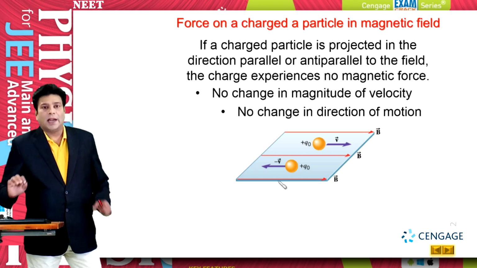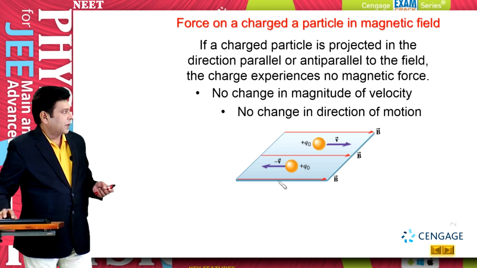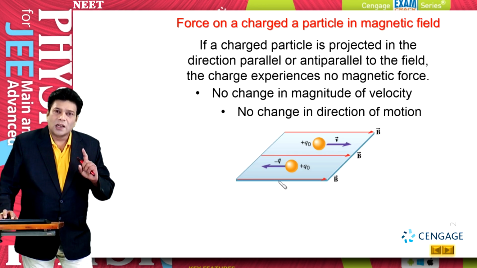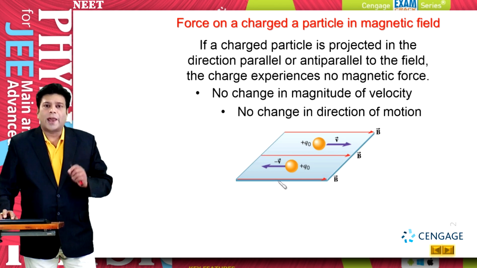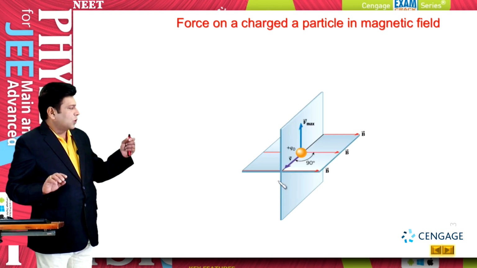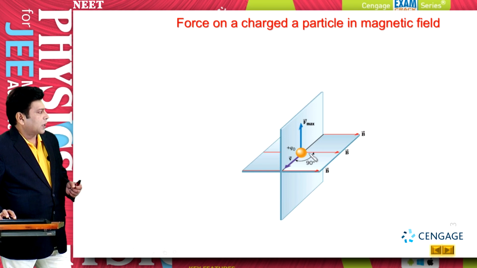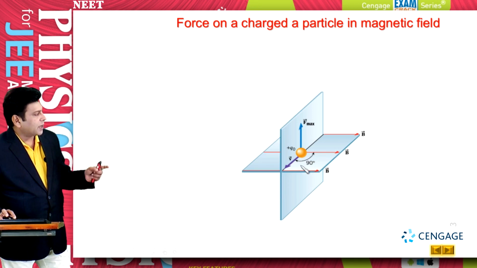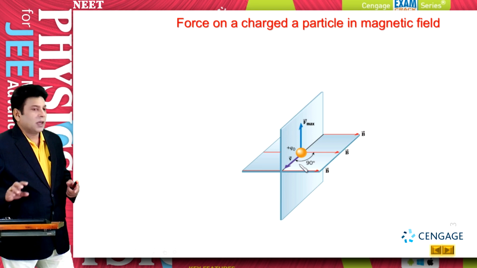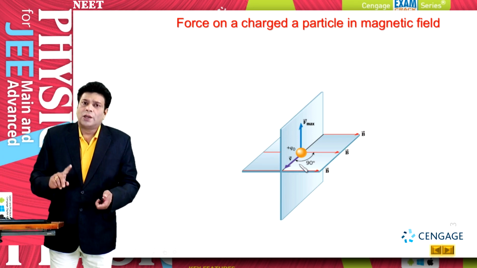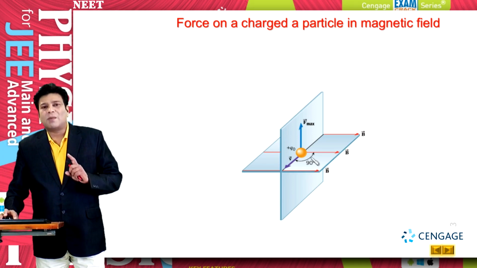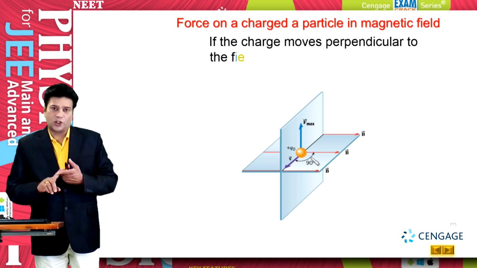Okay. And the second experiment: if the charged particle moves perpendicular to the direction of the field, you can follow the diagram, the magnetic field is along the positive x direction and the charged particle is projected in the y direction, that is perpendicular to the magnetic field direction. And it is observed that the charged particle experiences the maximum possible force in this situation.